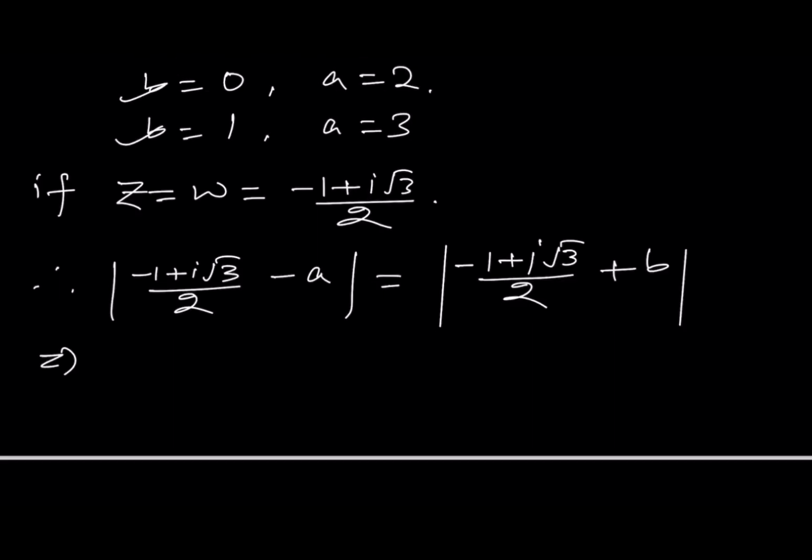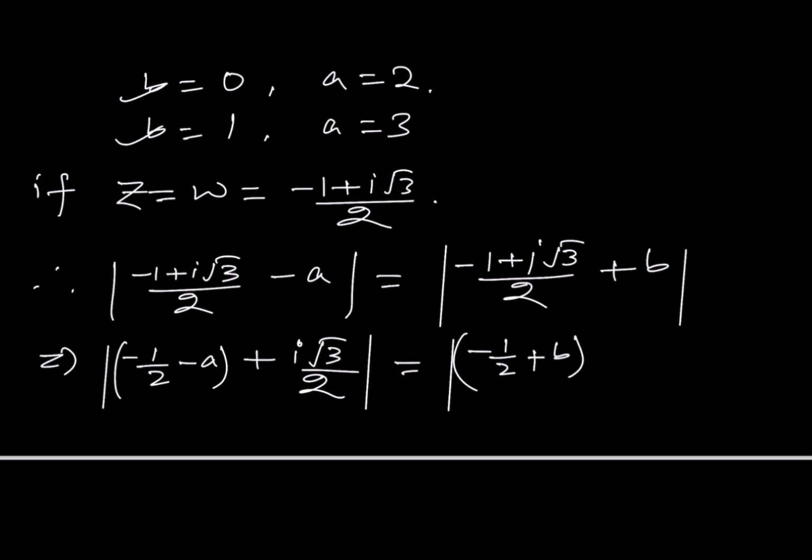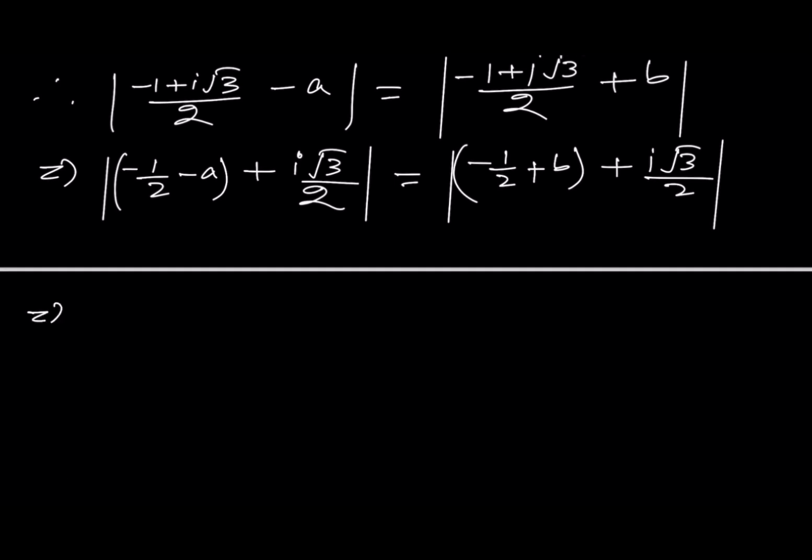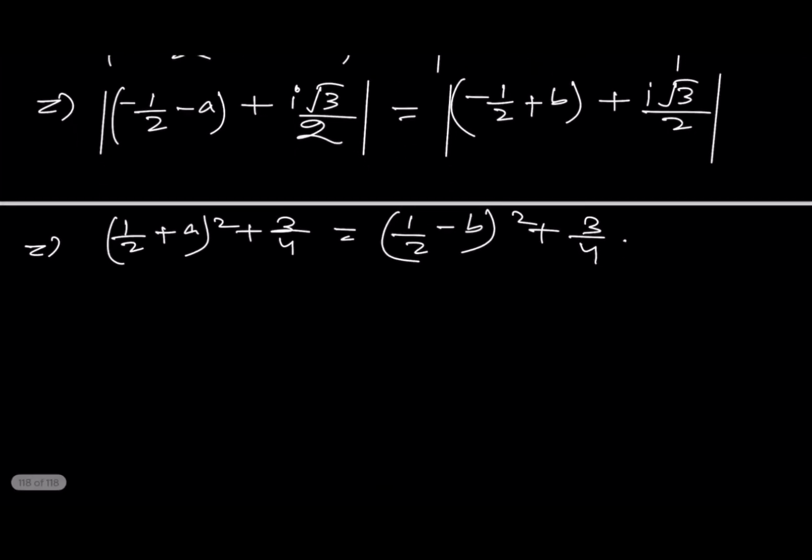So from here mod of (minus 1 by 2 minus a) plus iota root 3 by 2 is equal to mod of (minus 1 by 2 plus b) plus iota root 3 by 2, and if I take square both sides, then it will be (1 by 2 plus a) whole square plus 3 by 4 is equal to (1 by 2 minus b) whole square plus 3 by 4, right?